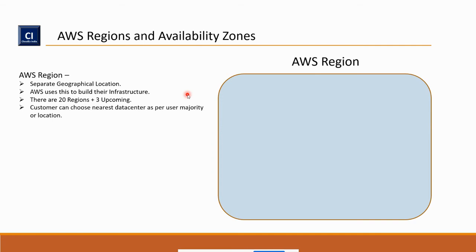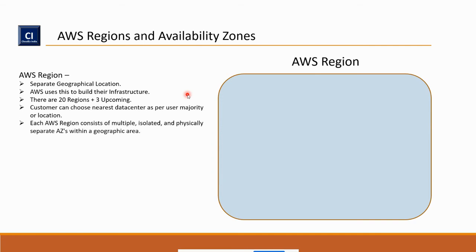So you have to choose the regions wisely while deploying the services. If your business is new or going to purchase the services, you have to do this analysis first: where is your users' location? And on the basis of that, you choose the region and deploy the services.